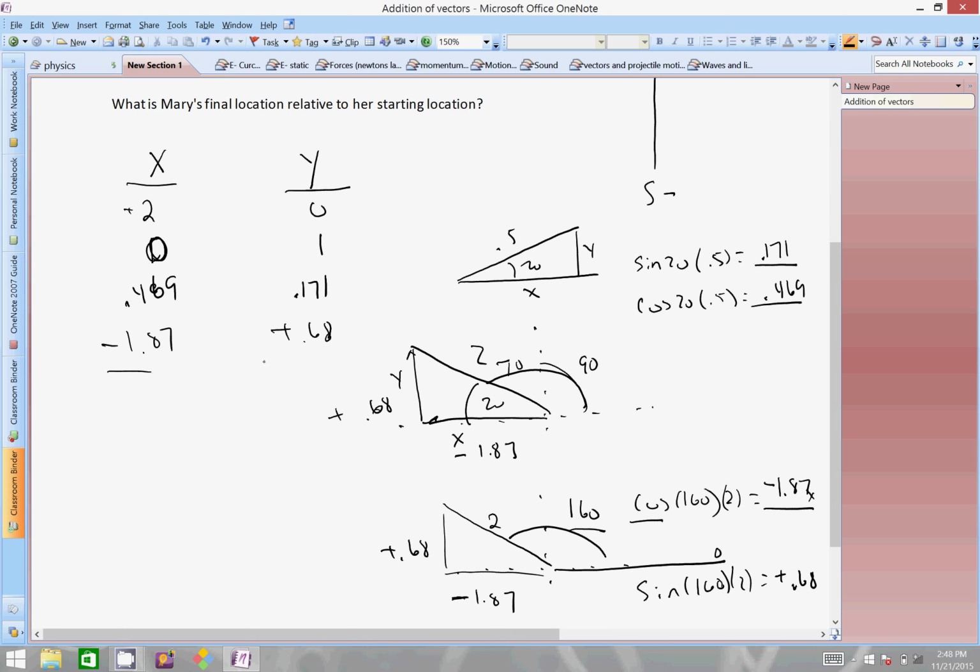Alright, and you add up these components. Alright, and the y component will be 1.85 up, and this is going to be a positive 0.599.